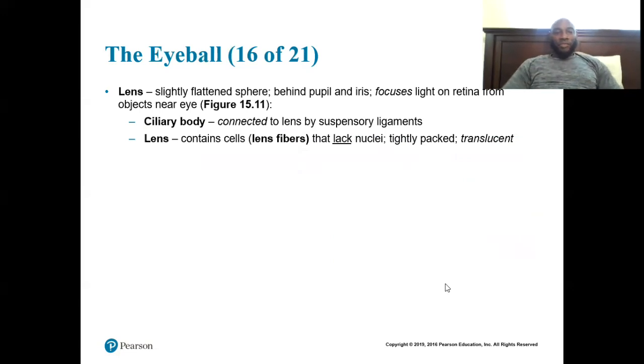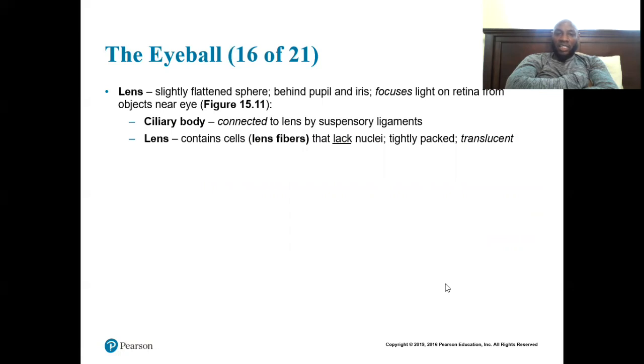The lens is a slightly flattened sphere. It's going to be very important, behind the pupil and the iris. Pupil, the gap, and the iris. It focuses light on your retina from objects near the eye. The ciliary body connects to the lens by suspensory ligaments.